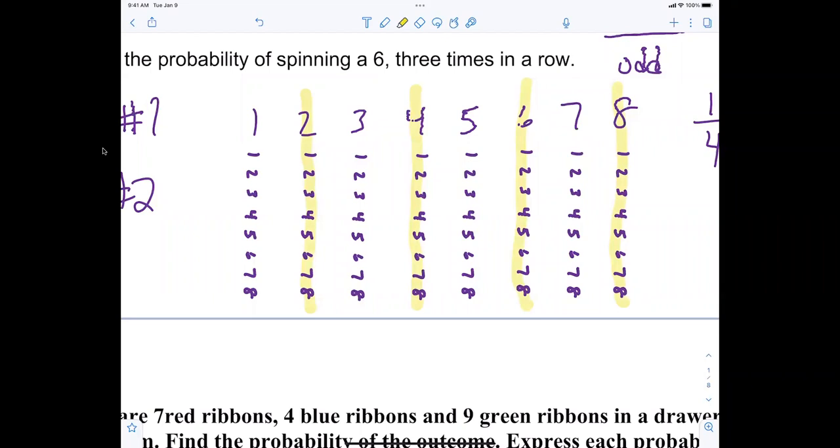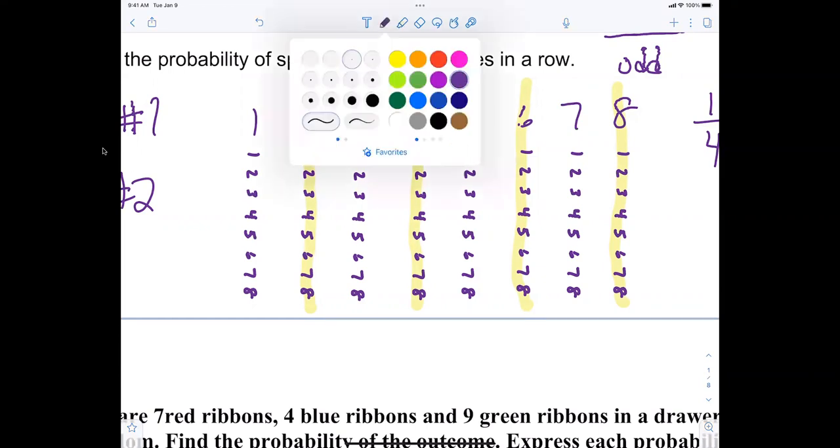Even. The first spin is a what? Even. So do those count? No, they don't. All right. So now all of these that are not crossed out are odds to start out with. Do we agree? Now I need an odd followed by a what? I need an odd followed by an even.